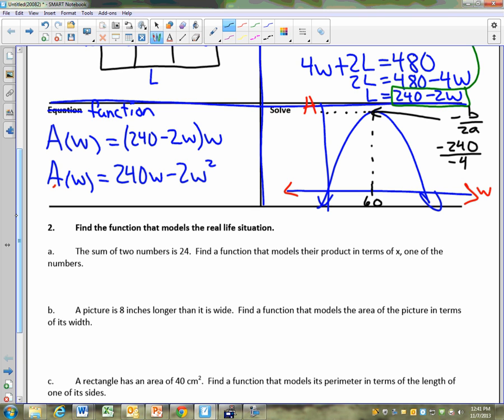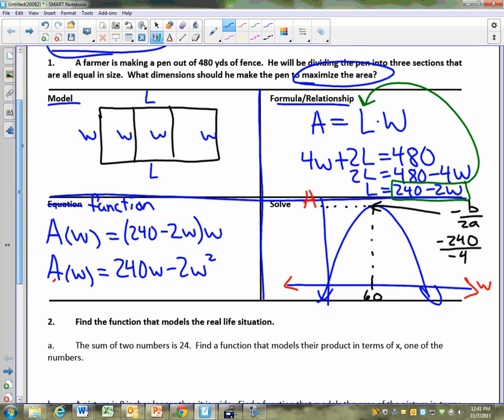Now, I don't know my y value yet, do I? But let's even see if we have to figure it out. The question is, what dimensions should he make the pen to maximize the area? Well, we figured out the width was 60. What other piece am I trying to figure out, the area or the length? The length. So you could do that, or I could plug it in right here. See? Length is 240 minus 2W.